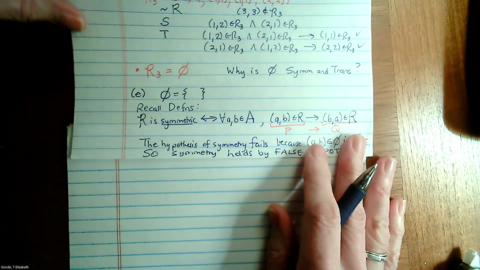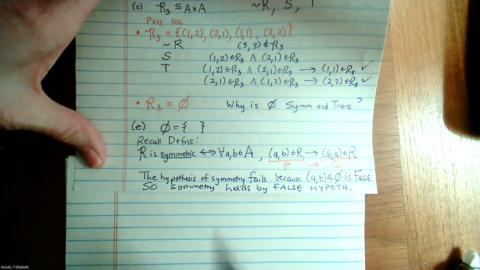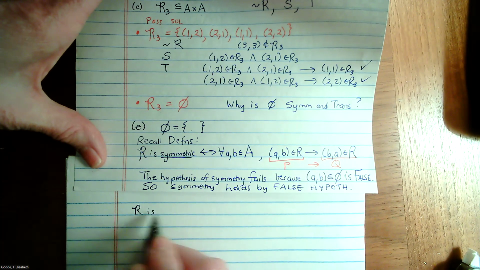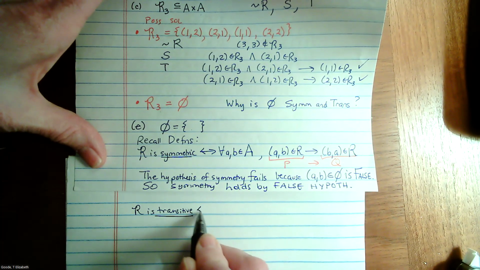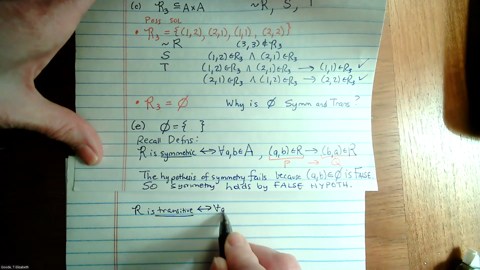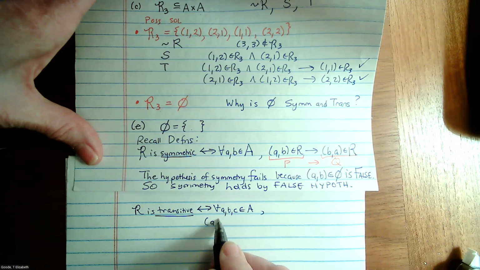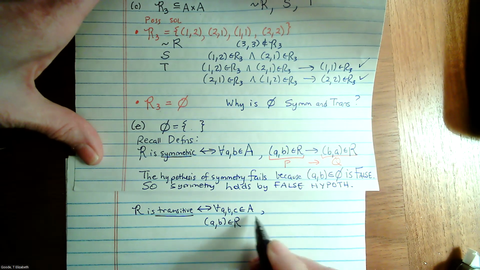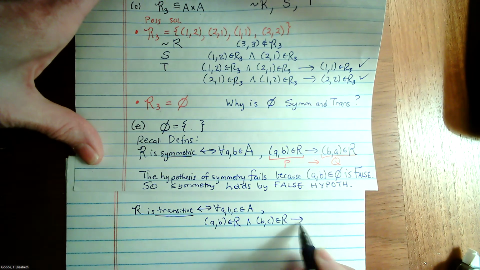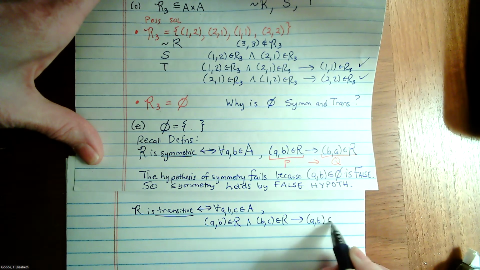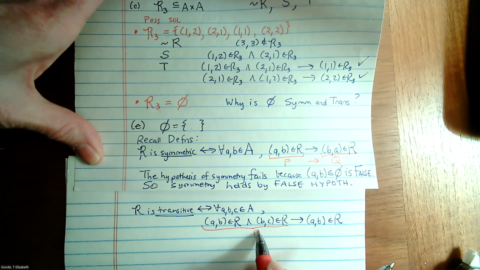The definition of reflexivity is not an if-then definition, but R is transitive means for all little a, little b, and little c in A, if (a,b) is in R and (b,c) is in R, then we need (a,c) to be in R. This is the hypothesis.